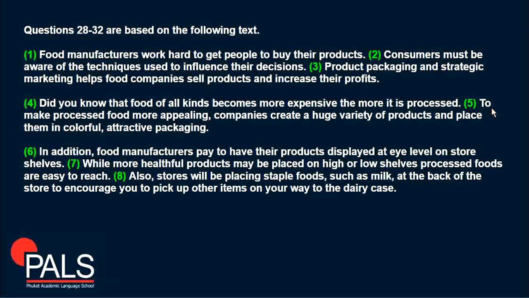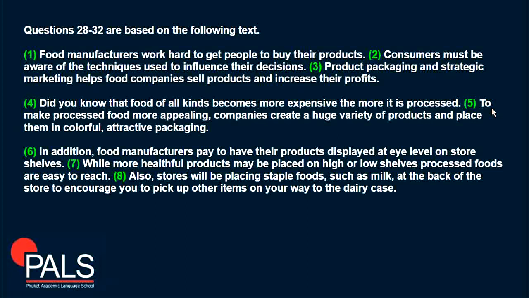To make processed food more appealing, companies create a huge variety of products and place them in colorful, attractive packaging. In addition, food manufacturers pay to have their products displayed at eye level on store shelves. While more healthful products may be placed on high or low shelves, processed foods are easy to reach. Also, stores will be placing staple foods, such as milk, at the back of the store to encourage you to pick up other items on your way to the dairy case.